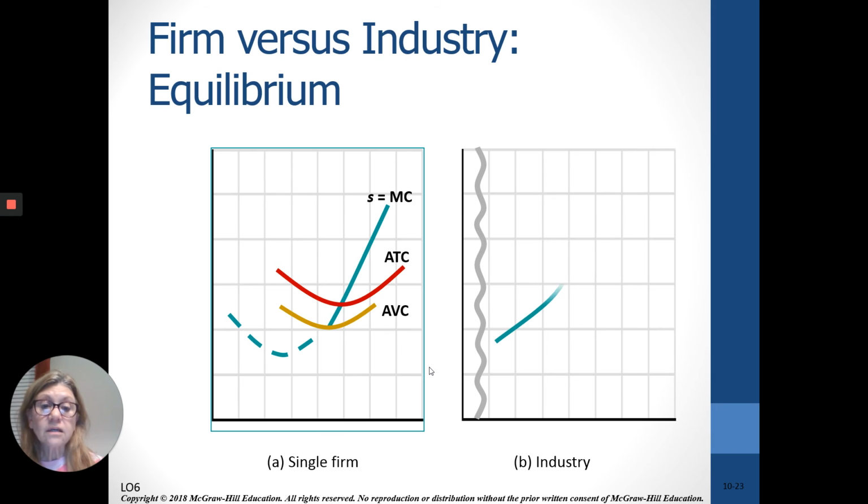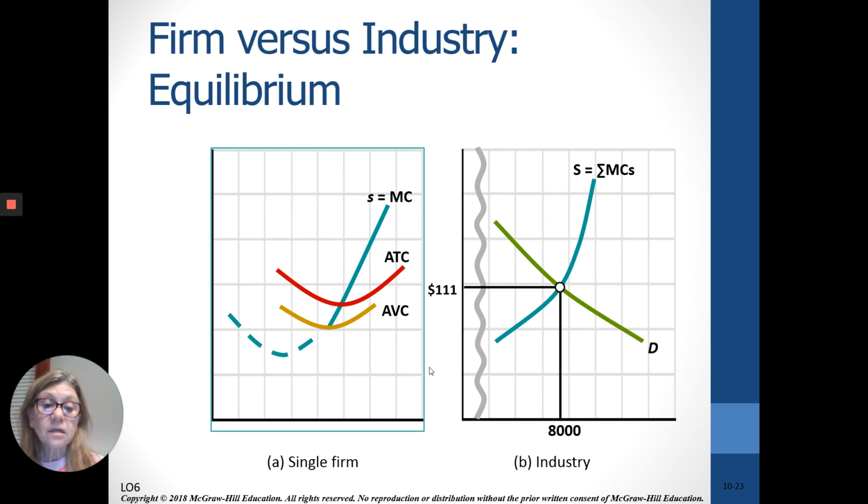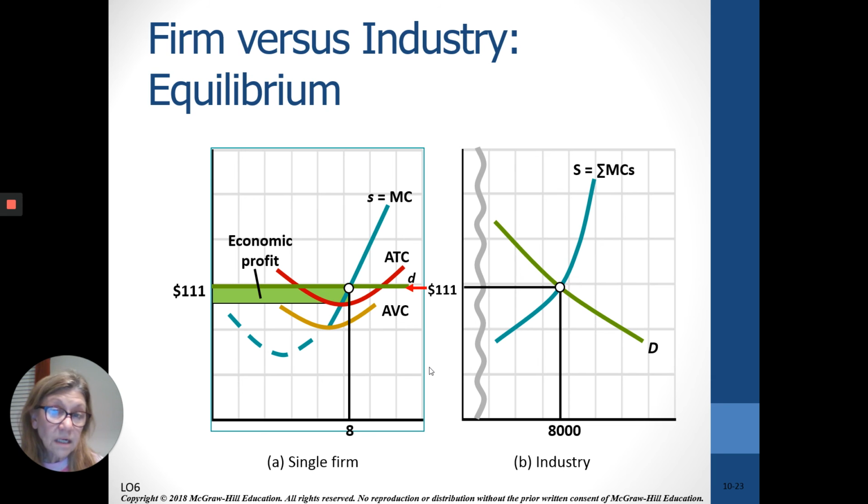And then if we look at the industry, what we have found is that the point where supply and demand meet is $111 at a quantity of 8,000. So that $111 would be the price charged by the individual firm, which is on the left, and this industry would be profitable. But if it's profitable, what we're going to see in the long run is that firms would be willing to enter that industry, and that's going to push profits down somewhat.